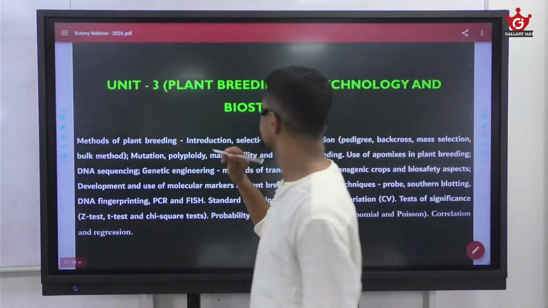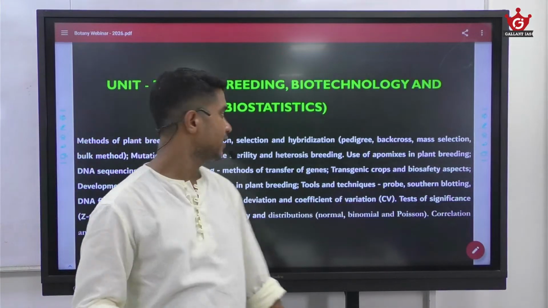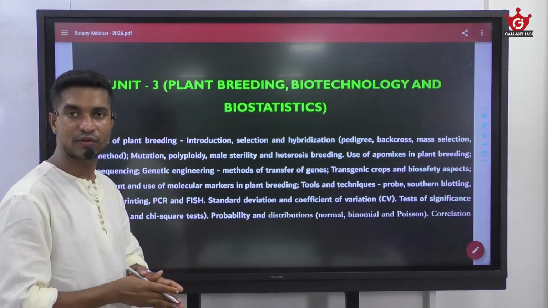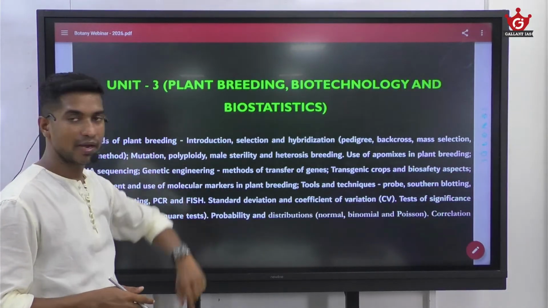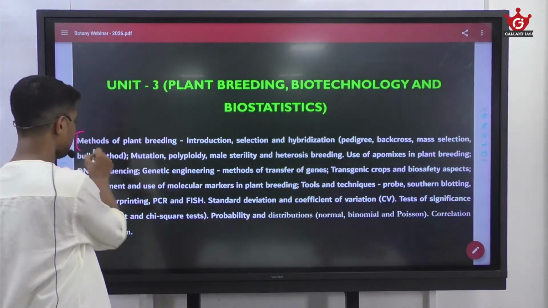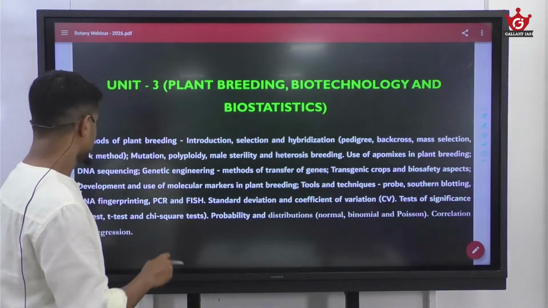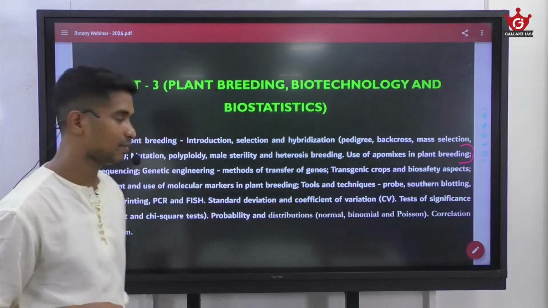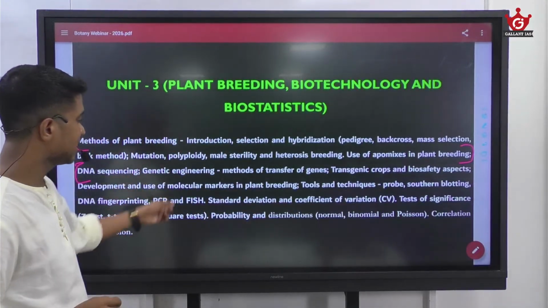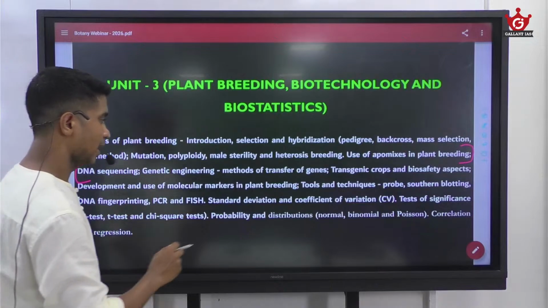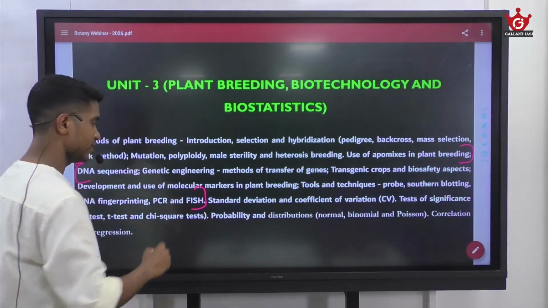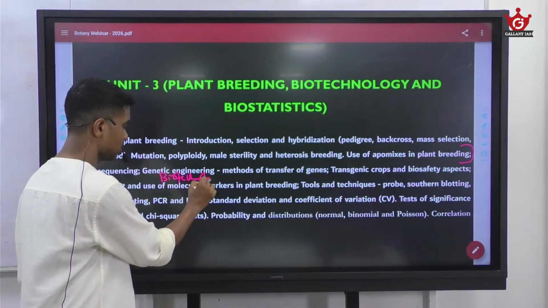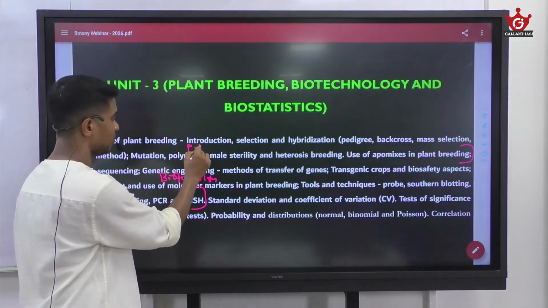And the third unit, which is plant breeding, biotechnology and biostat. Here also the entire unit is subdivided into three: plant breeding, biotechnology and biostat. Methods of plant breeding and uses of apomixis in plant breeding come under plant breeding. DNA sequencing, genetic engineering, methods of transfer, up to PCR and FISH come under biotechnology.